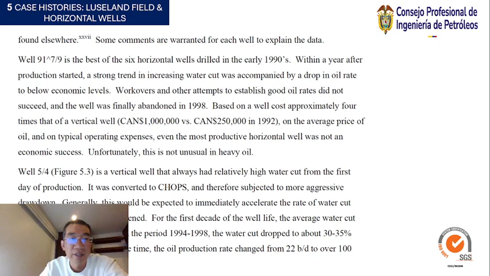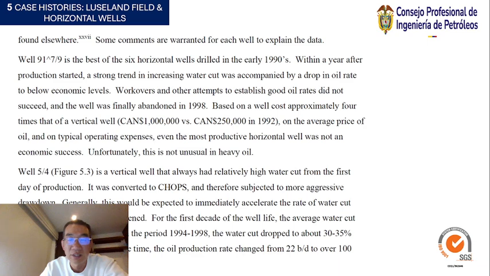Well 91 is the best of the 6 horizontal wells drilled in the early 1990s. Within a year after production started, a strong trend in increasing water cut was accompanied by a drop in oil rate to below economic levels.